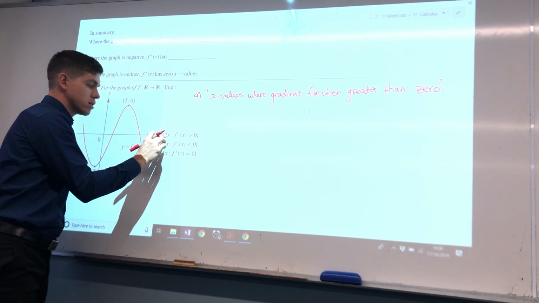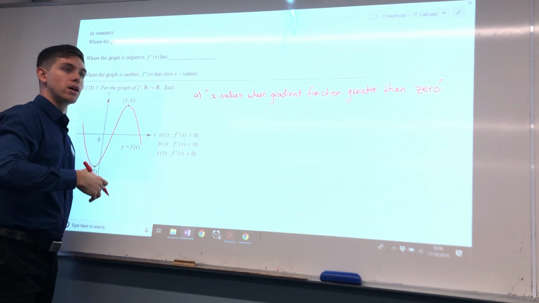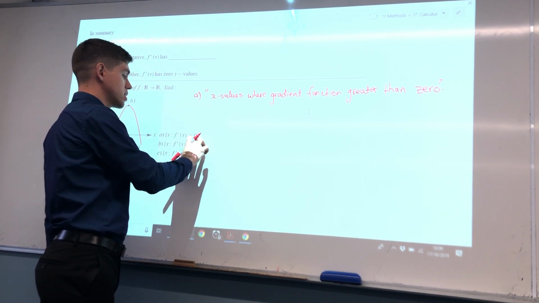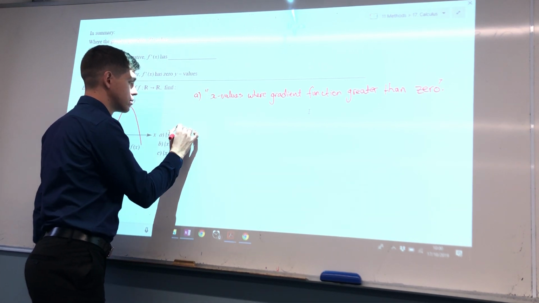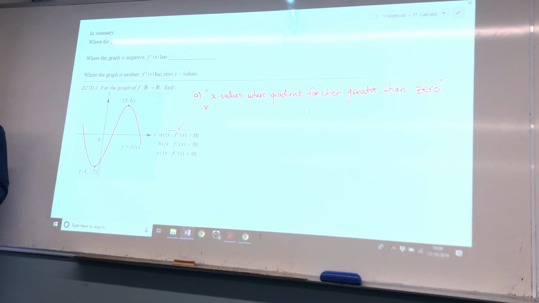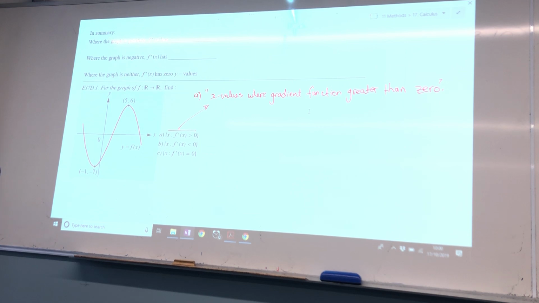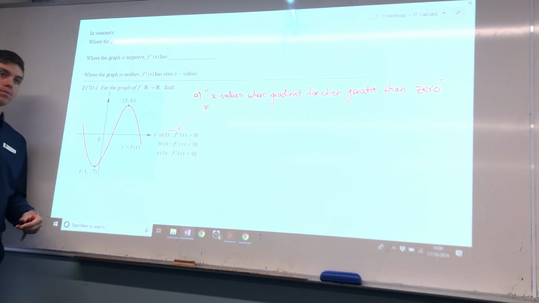Now, of course, these characters are much easier to write than this, which is why we do it, but we want to be able to interpret that this is actually the same. So, looking at this graph of y against x, where is the graph increasing? Going up.